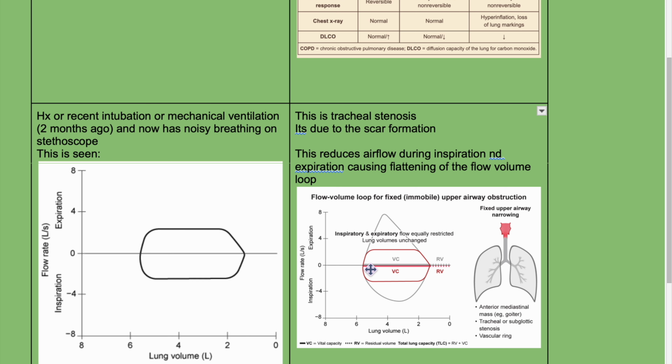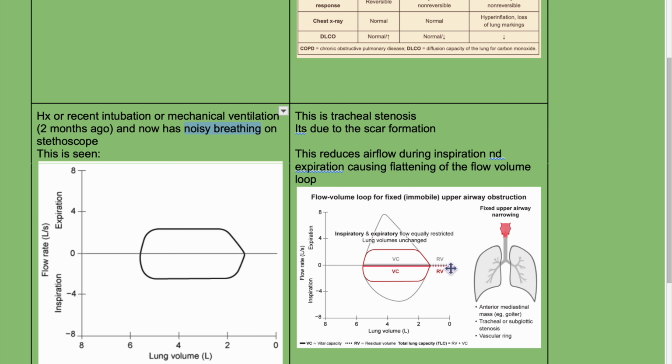Okay, so the normal response is this one in gray. During expiration, flow goes up to here and then down again to 0, and then during inspiration it goes down here and like that. But since there is tracheal stenosis caused by scar tissue, you get a blunted response, and it's noisy breathing because of that.